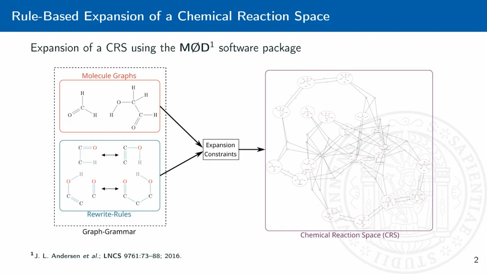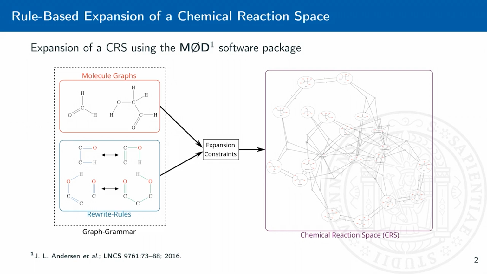More precisely, these rules define certain subgraph patterns within molecules and how they are transformed, reflecting the bond changes occurring in a chemical reaction. A set of initially present molecule graphs together with a set of reaction rules is then called a graph grammar. With such a graph grammar in place, one can then perform an expansion of a chemical reaction network by iteratively applying the rules to the molecule graphs.